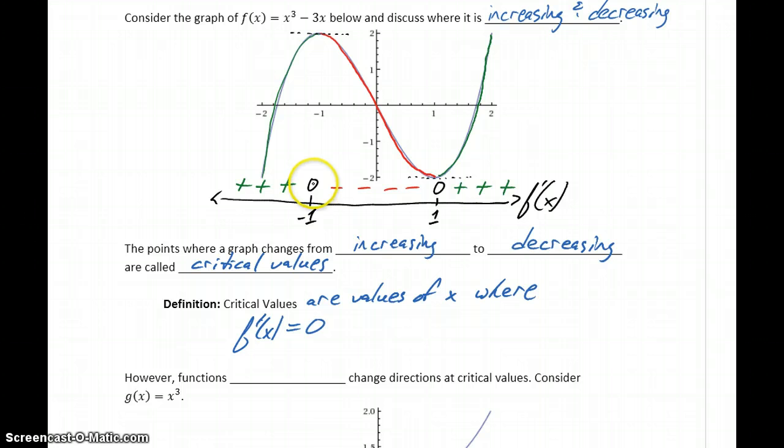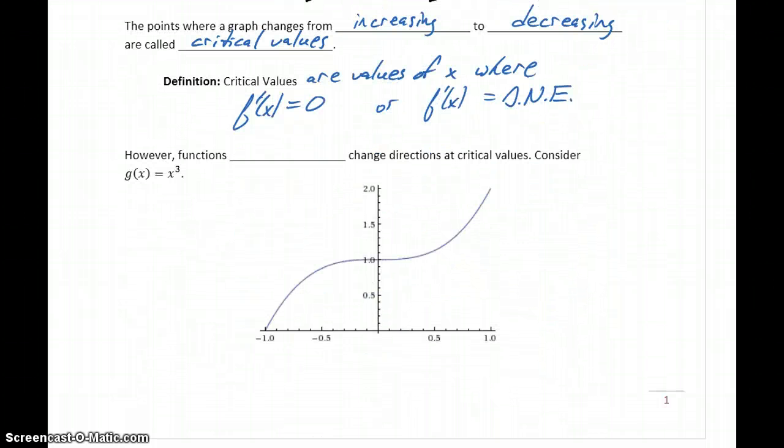We found a point here where our first derivative is equal to 0 and a point here. So those are critical values. Or the other case to consider is where the first derivative does not exist. So if a function changes from increasing to decreasing, that's going to happen at a critical value.